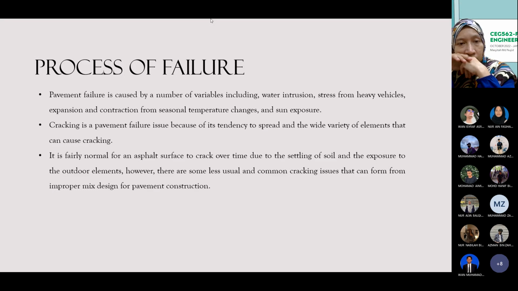It is fairly normal for an asphalt surface to crack over time due to the settling of soil and the exposure to the outdoor elements. However, there are some less usual and common cracking issues that can form from improper design for pavement construction.